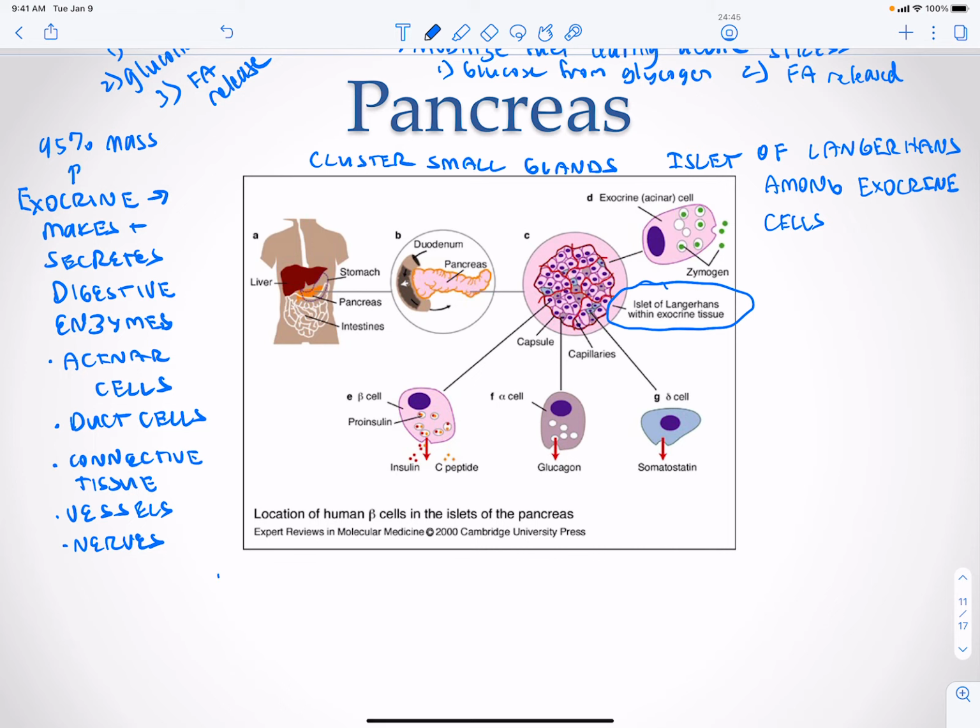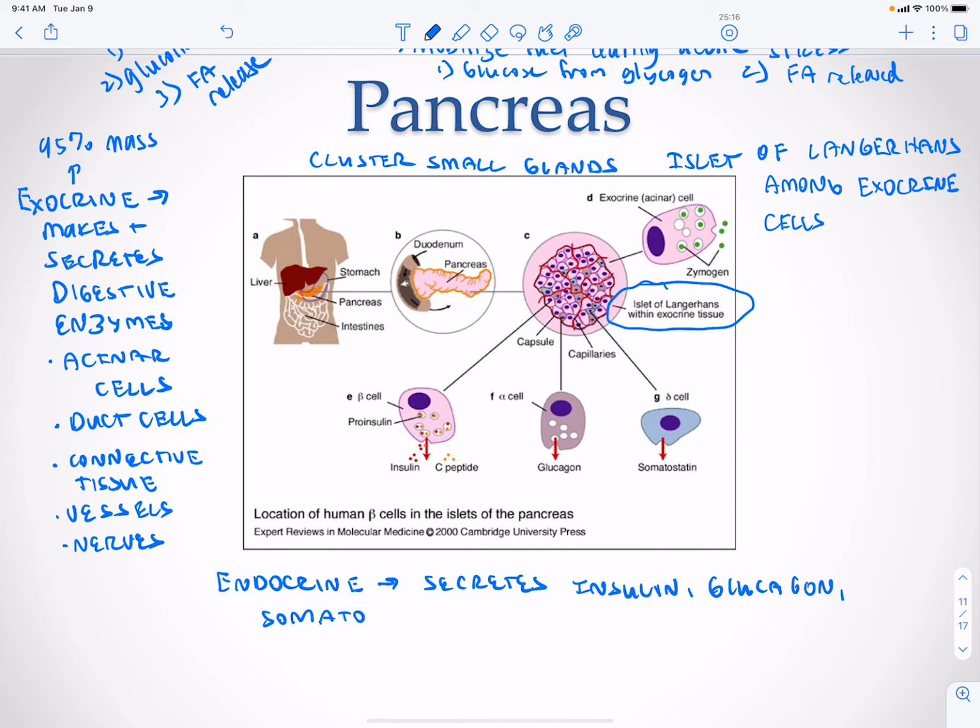Now it's also going to be an endocrine organ, and it's going to make and secrete insulin, glucagon. It's also going to secrete somatostatin, and also something called the pancreatic polypeptide.